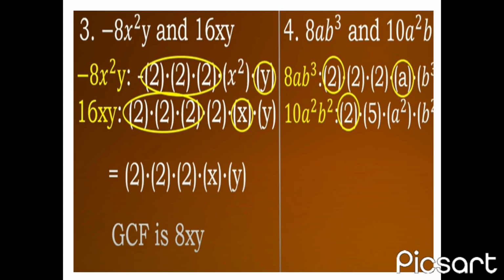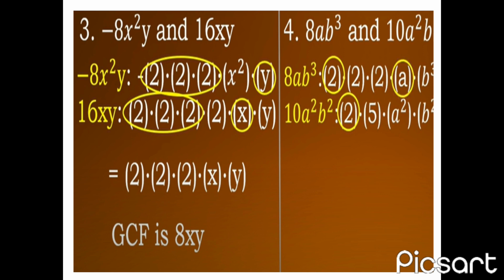Now we have number 3, using variables: negative 8x squared y and 16xy. For negative 8x squared y, we have the factor of negative 2 times 2, negative 4. Negative times positive is negative.